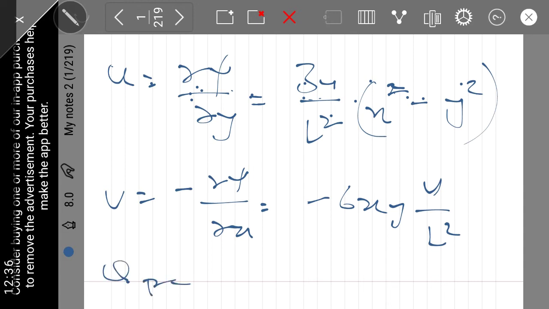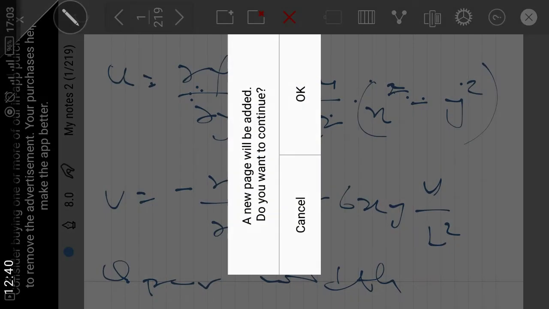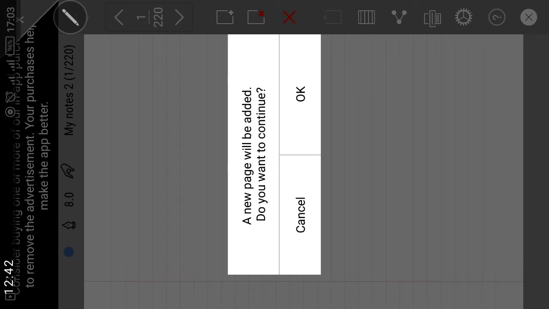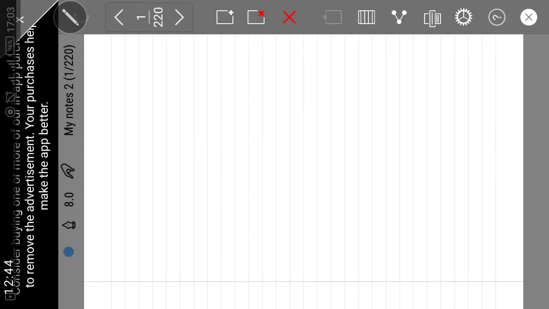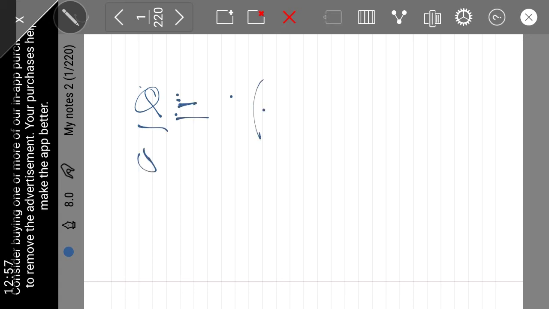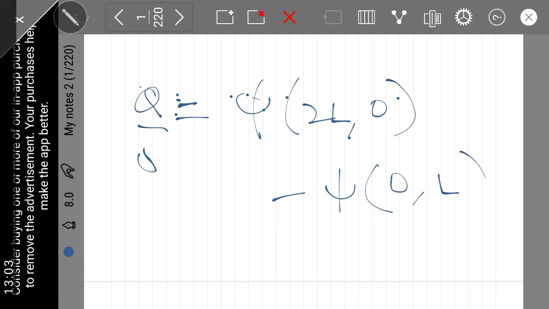Now, volume flow Q per width. Recall Q over B will be equal to psi at (2L, 0), the lower point, minus psi at (0, L). So I'm going to plug these two points into the psi equation.